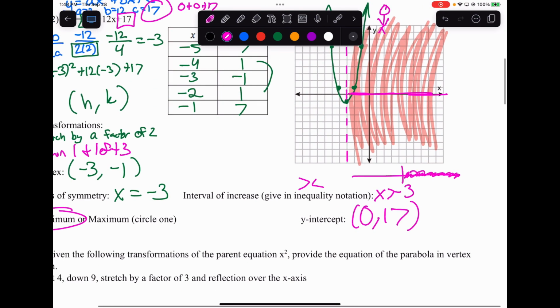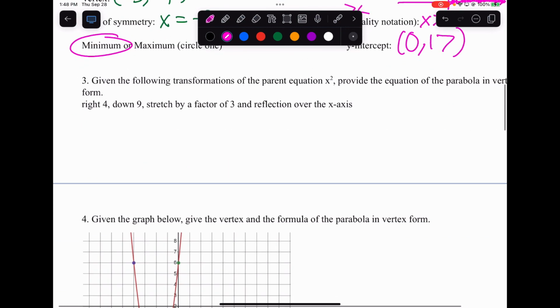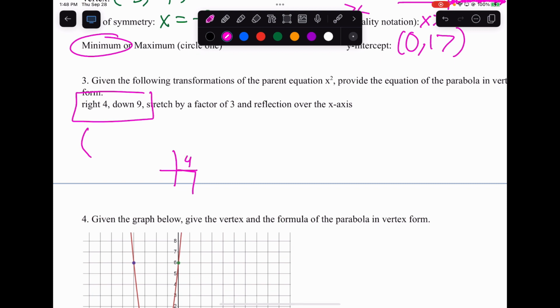All right. So now we are getting to the point where we're going to write our own equations. You just have to think about your transformations and what that does to your a value, your h value, and your k value. What I like to do is look at my left, right, and up, down. My vertex, if I'm going 4 right and 9 down, is (4, -9).